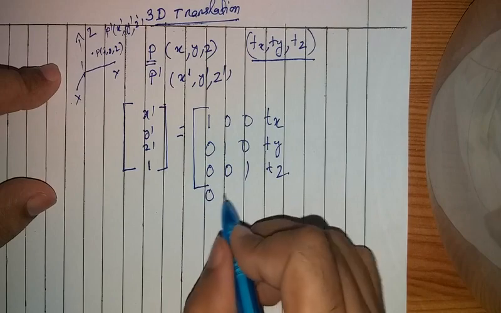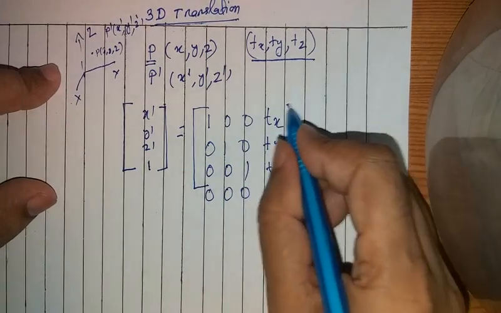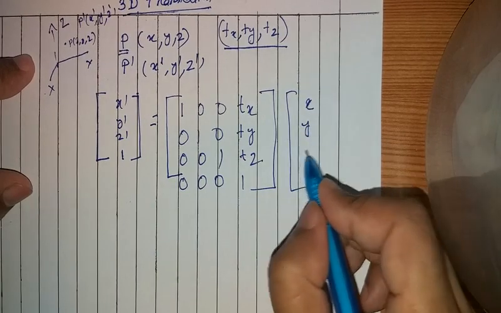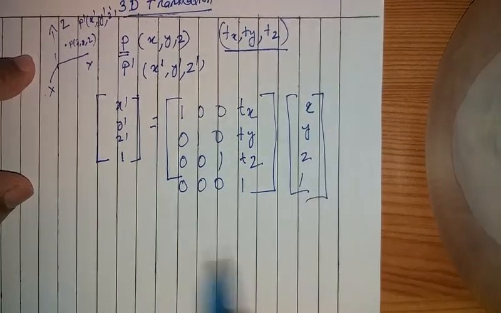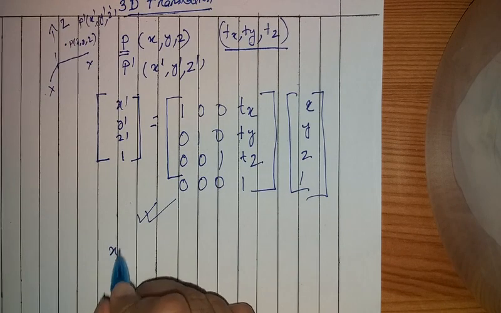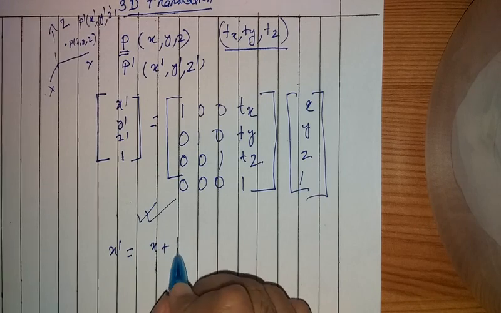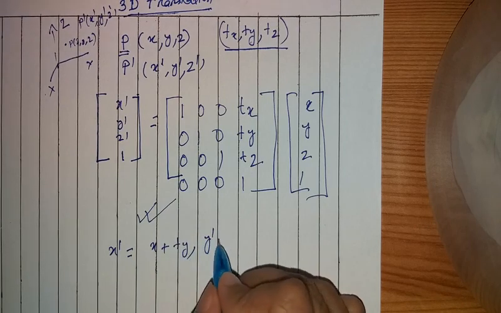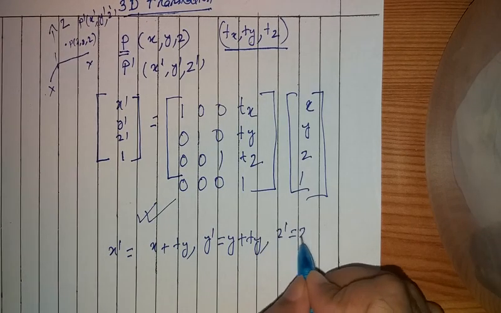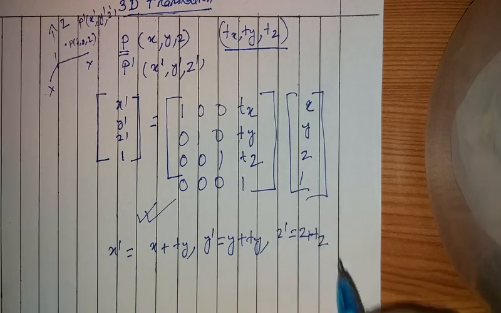Then we will append 0 0 0. So this is the basic matrix operation for 3D translation. Now in equation form we can write x dash equal to x plus tx, y dash equal to y plus ty, and z dash equal to z plus tz.